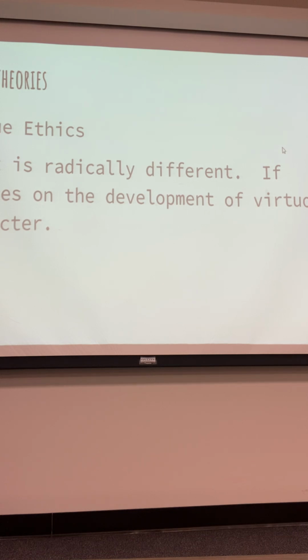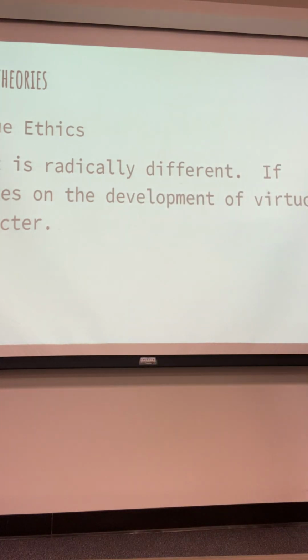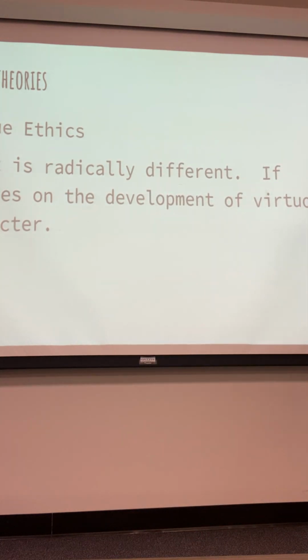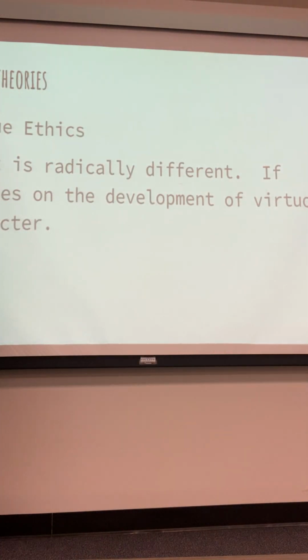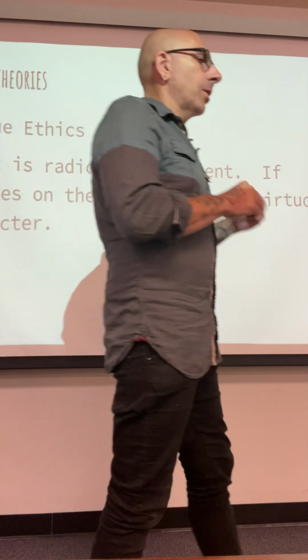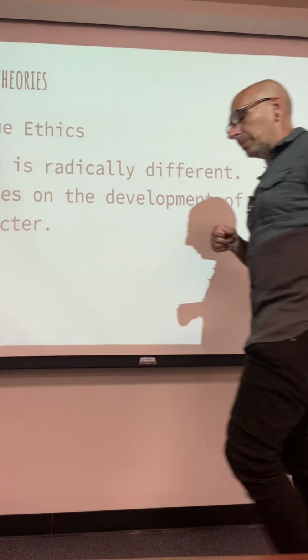Virtue ethics. Virtue ethics was an ethical theory developed by Aristotle quite a long time ago, and it's radically different. It focuses on the development of virtues and character. So it's not looking at what's going to create the most happiness, as in consequentialism. It's not looking at what obligation you have. Rather, it is the embodiment of particular characters and virtues. That's all it is, really simple.